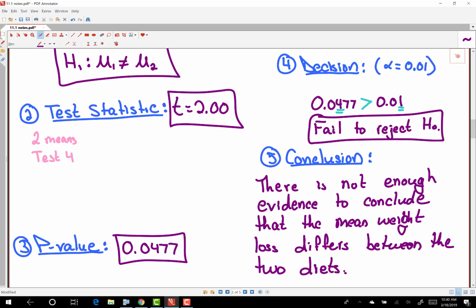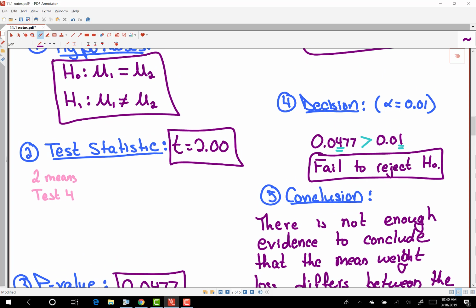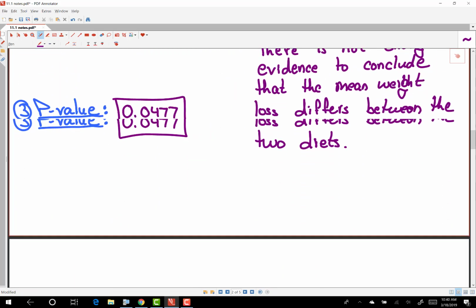So as you can see, it's pretty much the same procedure. The hypotheses are different, and the test we use to get our values differs.